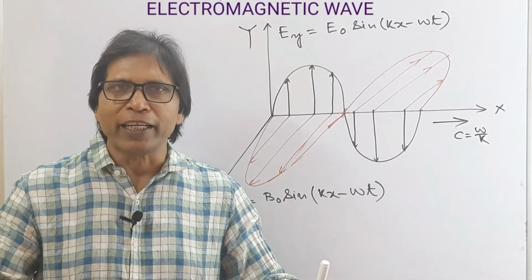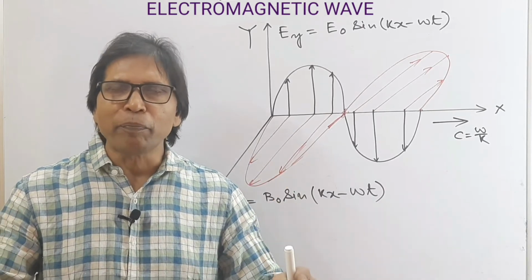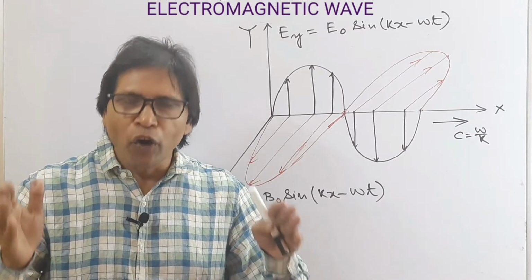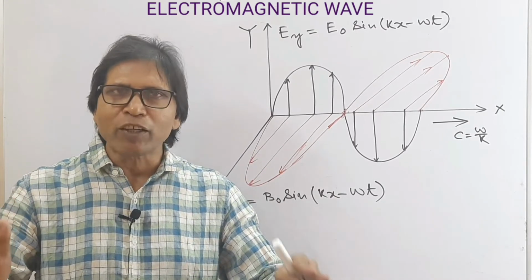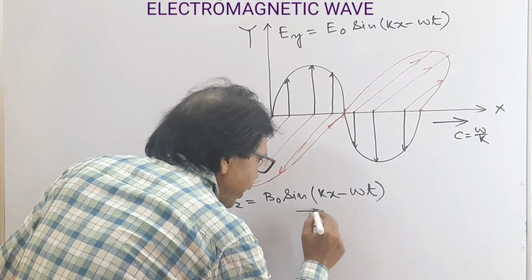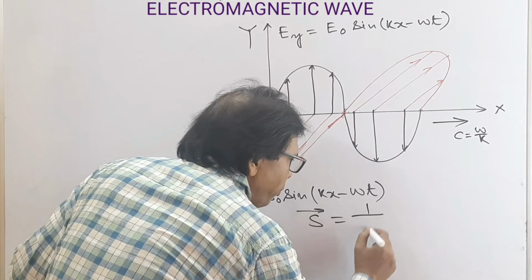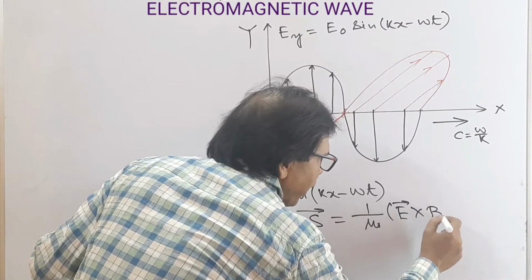Next, Poynting vector. The rate of transfer of energy per unit area normal to the direction of propagation of an EM wave is called the Poynting vector. Now the Poynting vector is equal to 1 by mu naught, E vector cross B vector.